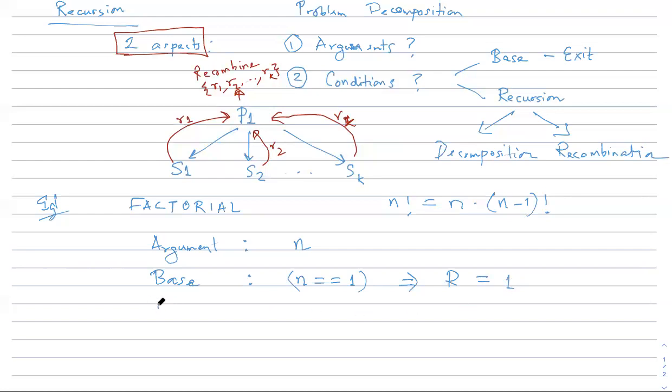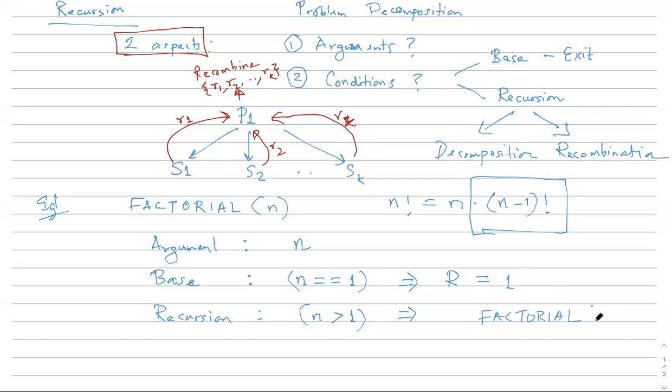Then the next part is the recursion part, right? So the recursion condition is n greater than 1. When n is greater than 1, what do we do? We assume that the sub problem is going to fetch me the result. So let's say we write it like this: factorial of n.